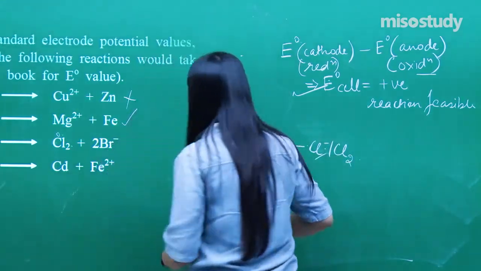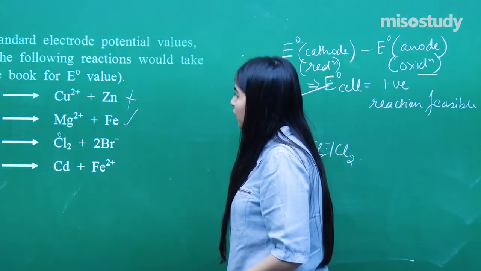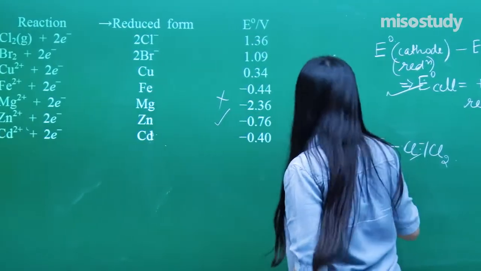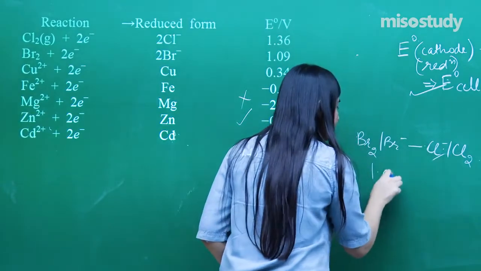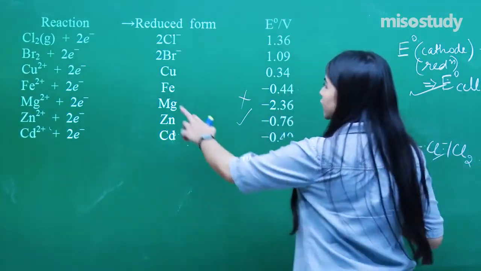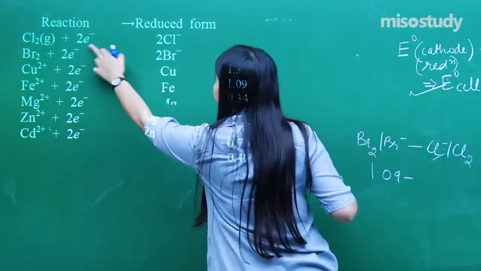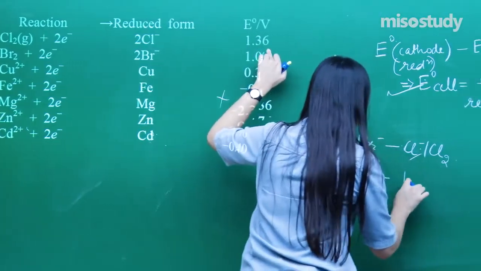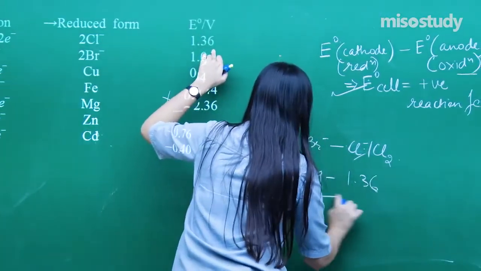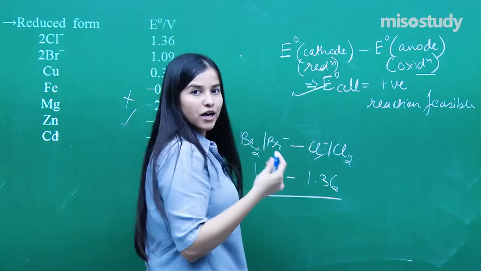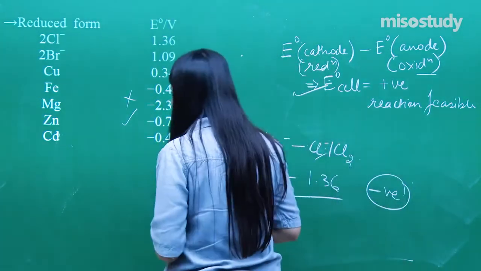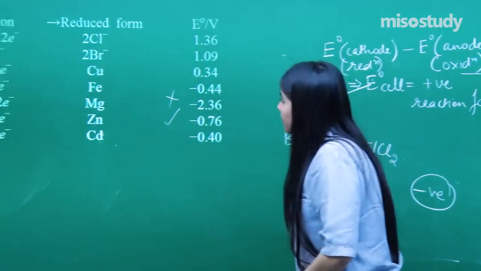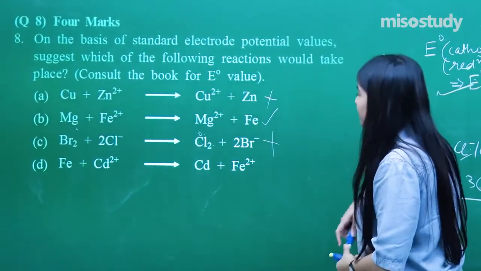I just need the values. So the value for bromine is 1.09 minus of the chlorine, 1.36. Now, can you judge how much the value will be? It will be negative, right? And that is why process number 3 is not feasible.